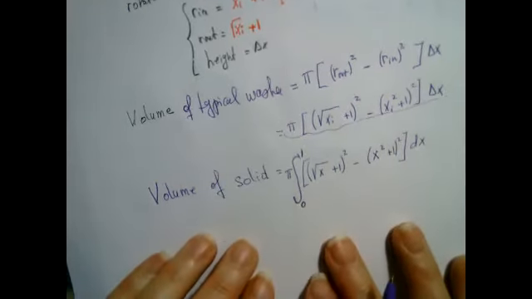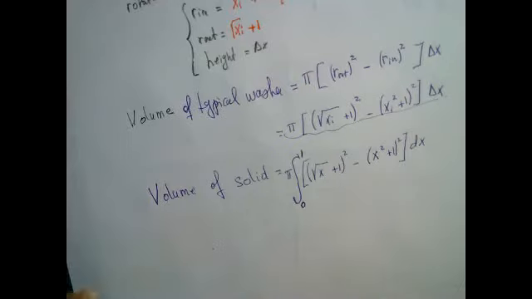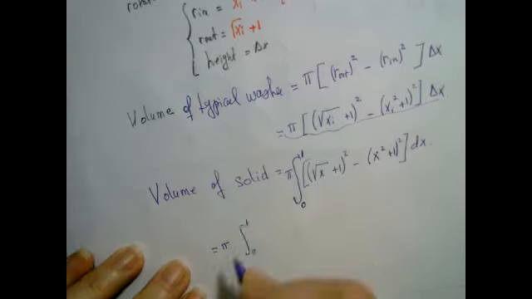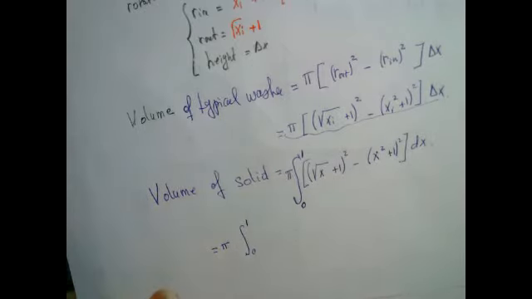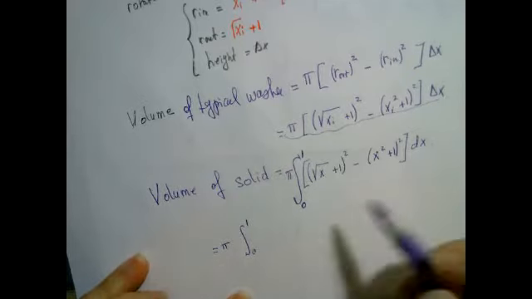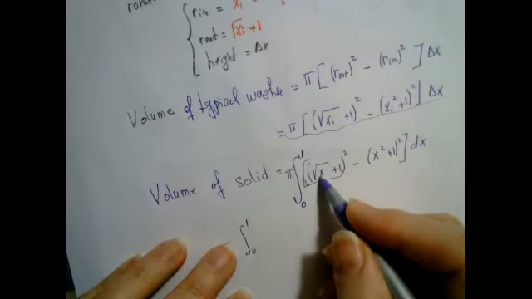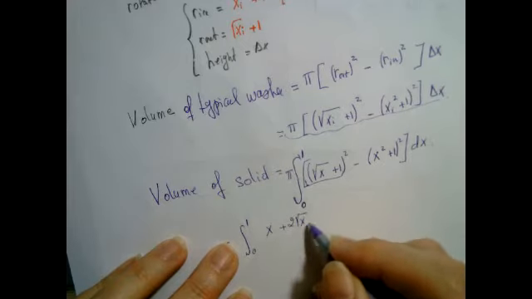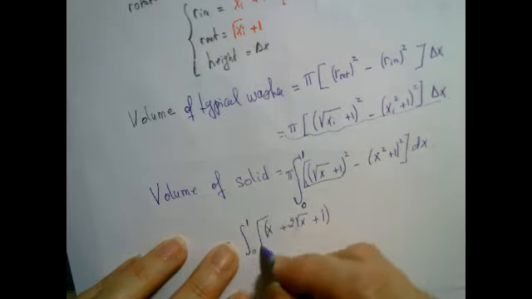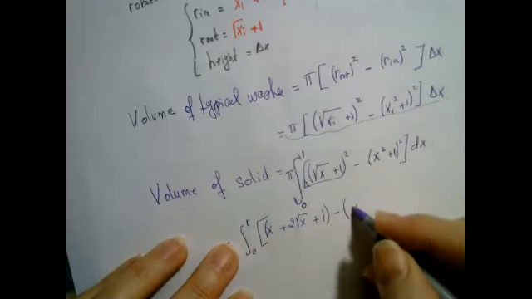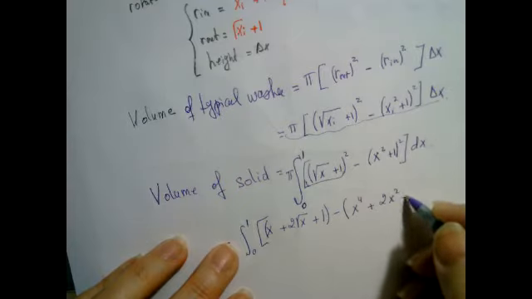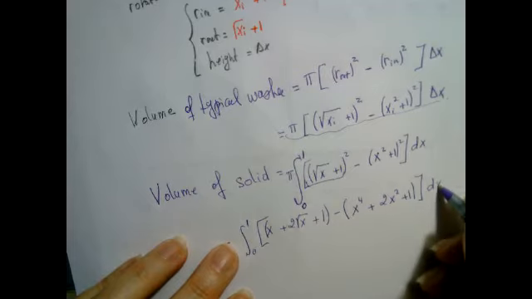And the last step is to integrate. How do we integrate this? We first square both of the expressions. There is no other way. We have to distribute, which gives me square root of x squared, which is x, plus 2 root x, plus 1, minus x squared squared, x to the 4th, plus 2x squared, plus 1, dx.